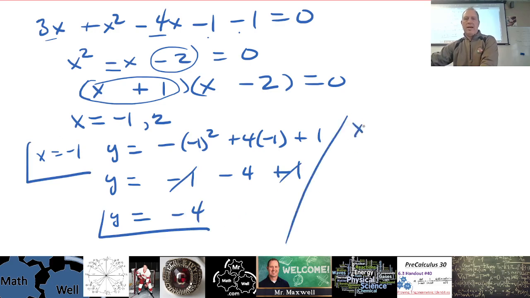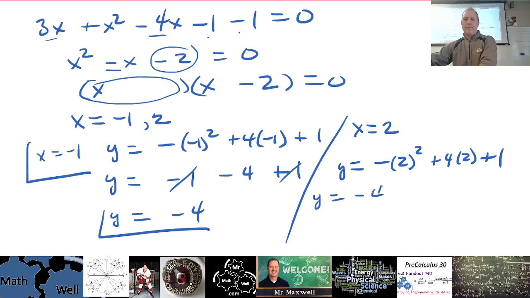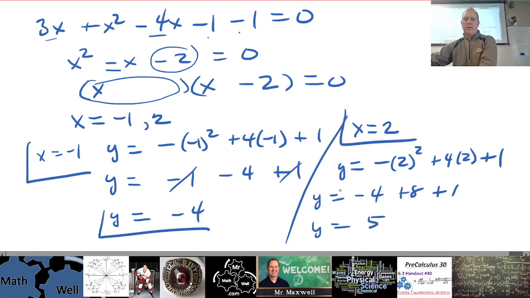And then over here, if x equals 2, we have y equals 2 squared plus 4 times 2 plus 1. So x equals 2, y equals 5.